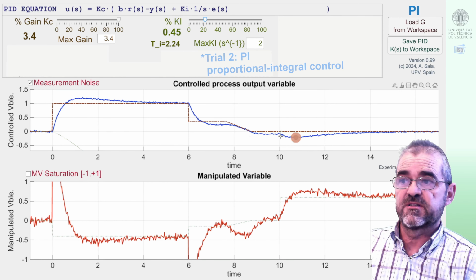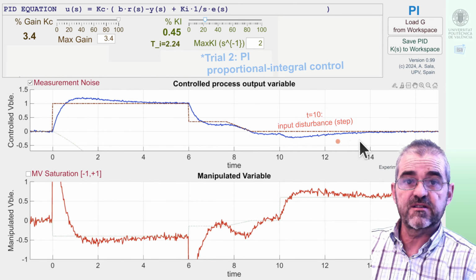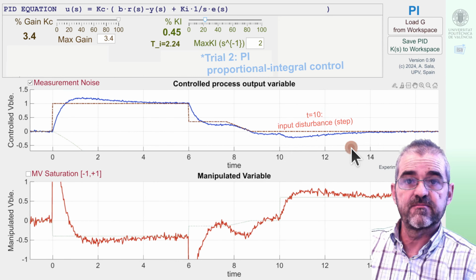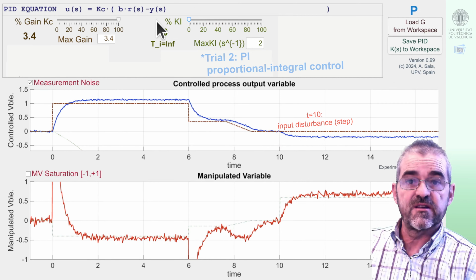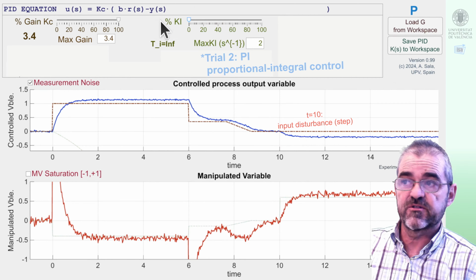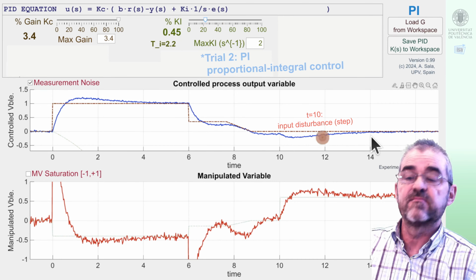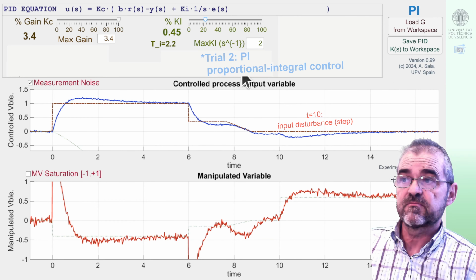And again, for instance, in this second part of my transient, in which there is some input disturbance, it starts drifting, but there is a steady-state error on the proportional control, and that error is corrected with my integral action.